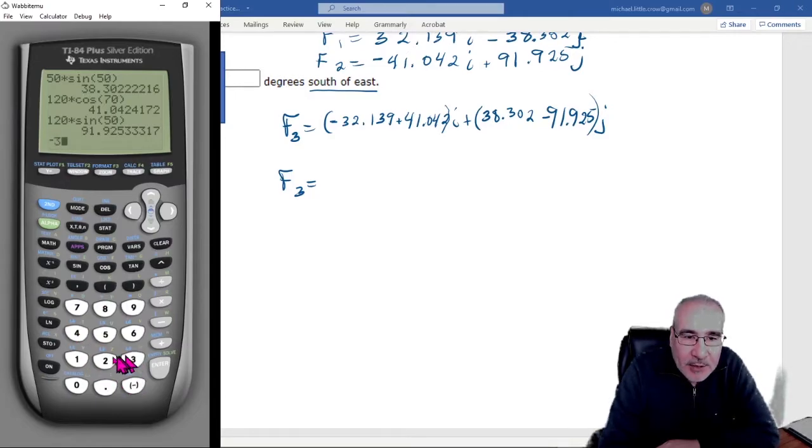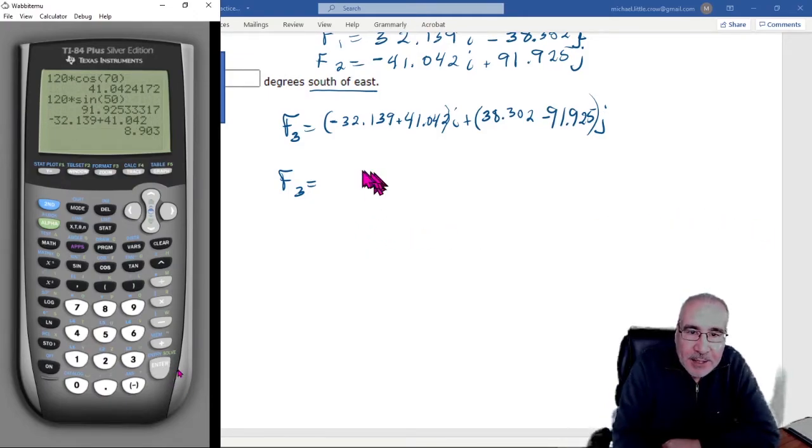So minus 32.139. Right, so I'm doing this part here, plus 41.042. It's got a component of 8.903 in the I direction.